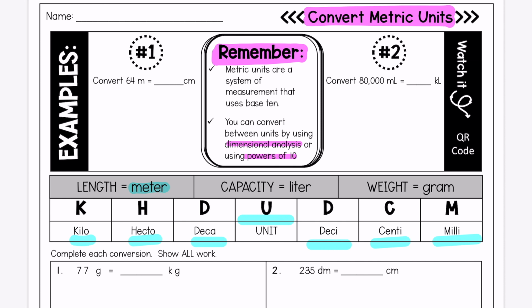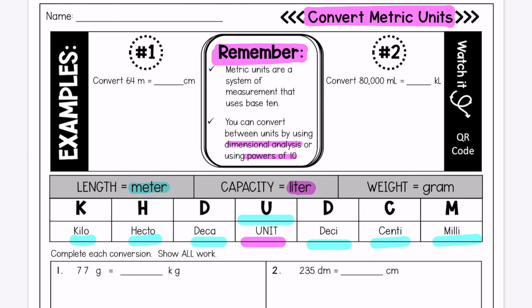Then we have liter in the center, which is talking about your capacity. Again, that is your unit. And then you would have kiloliter, hectoliter, decaliter, deciliter, centiliter, or a milliliter. And as you get through these, a milliliter is much, much, much smaller than a kiloliter. So liter is your unit for capacity.